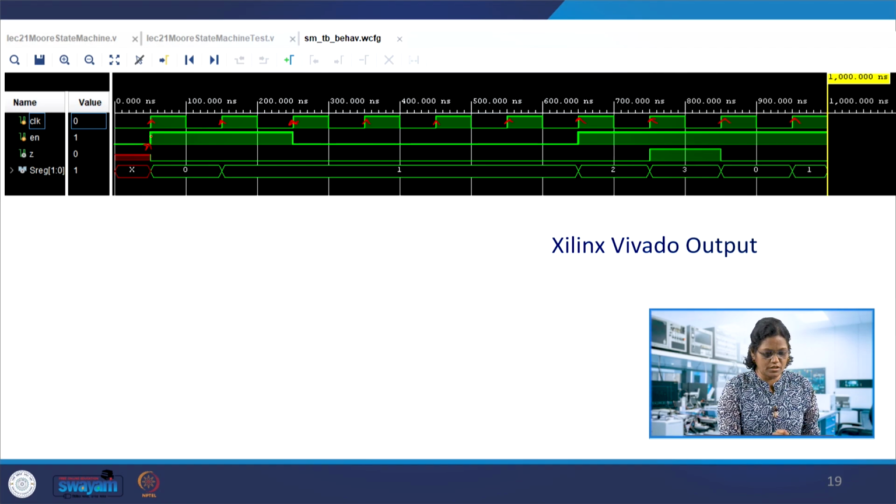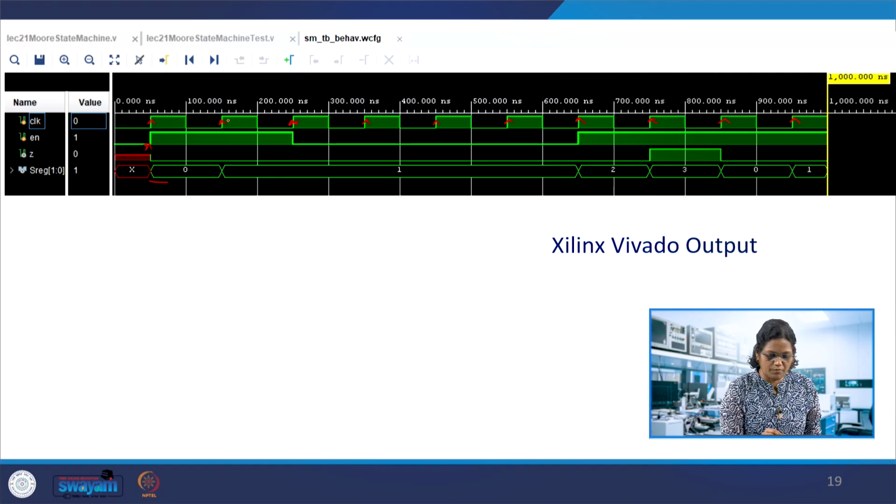So early at 50 here, Z is made 0. And what is the S reg? It is first getting into the first state, that is 0 0. So at the first clock edge, when enable is 1, this is the starting of 0, and we already made that 0.